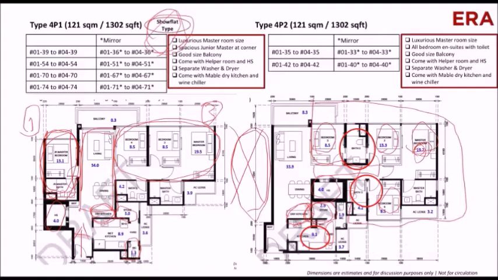Okay, 4 bedrooms, and it stretches all the way. The highest one, the penthouses, 4 bedroom. Actually for the 4 bedroom, I realized that there's a very small spread between the penthouse and the typical units.